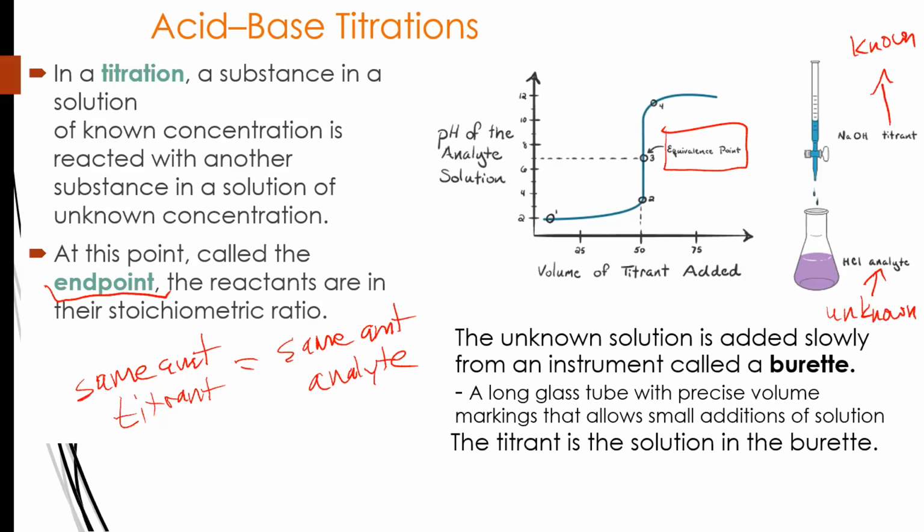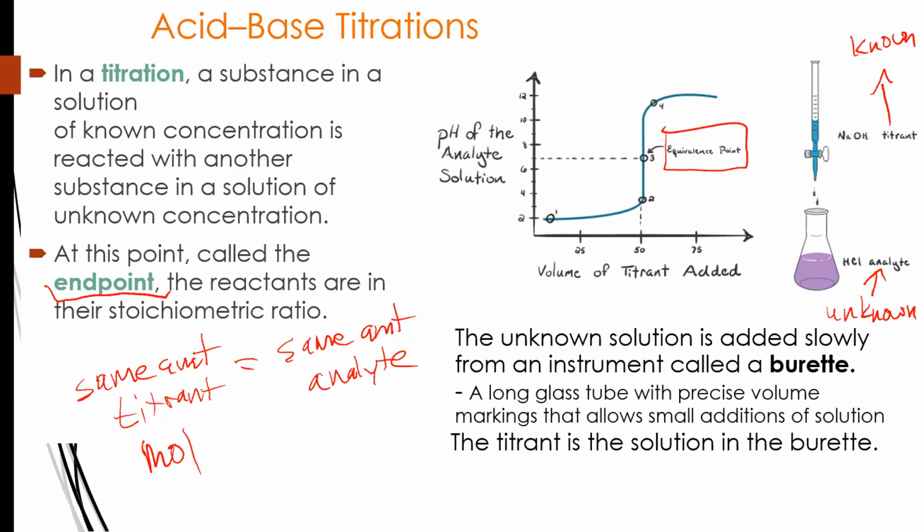And so we're trying to find their amounts. Right? So we're using this unknown, we're using this known solution, and we're trying to record equally or very closely the amount of volume we put in there because we know its concentration. Once we get its volume, we can turn that into moles, which is the amount of material, and then we can figure out how many moles it had to react with on the other side.